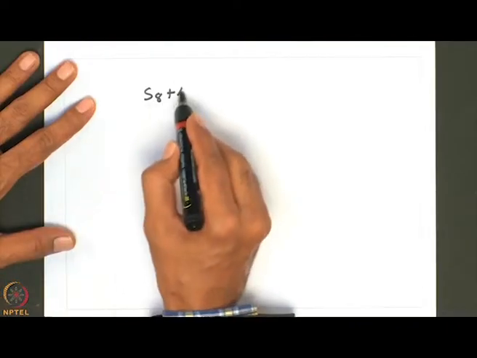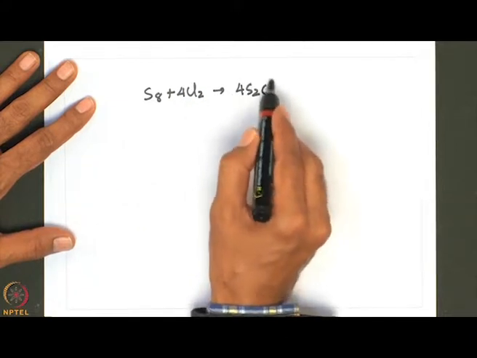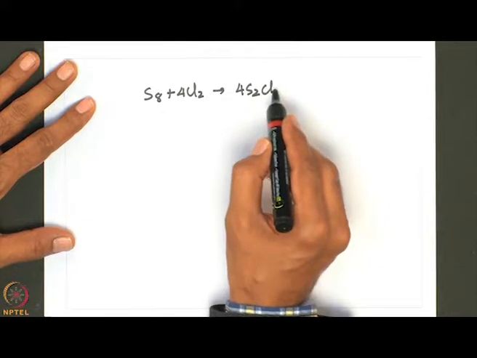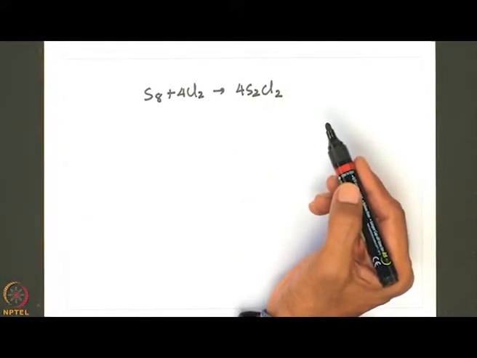Sulfanes are formed by direct combination of the elements. Quickly let me write S8 plus 4Cl2 gives 4S2Cl2. Only stable species is bent SCl2, which disproportionates to give S2Cl2 and Cl2. So, SF2 is even less stable.